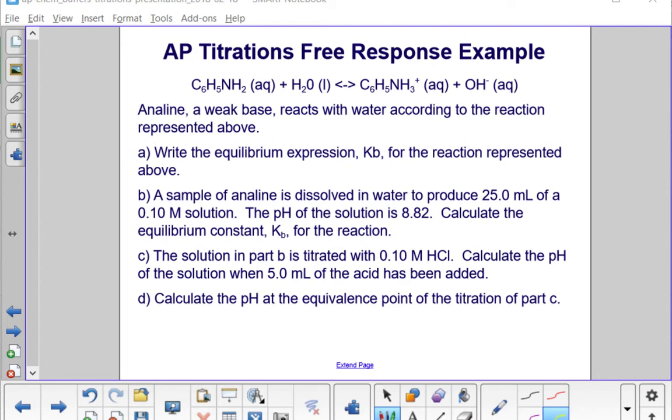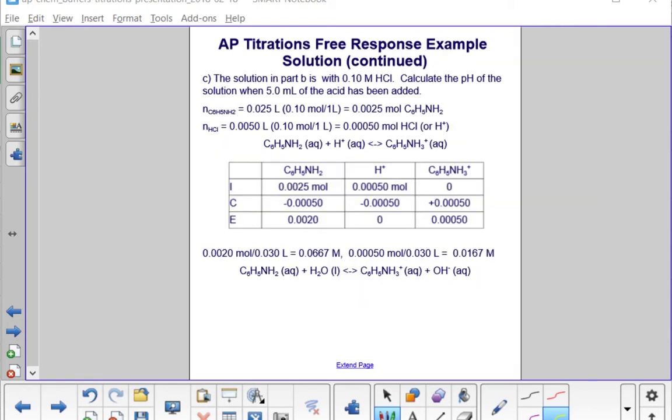Part C. The solution in Part B is titrated with 0.1 molar HCl. So you have a weak base being titrated with a strong acid. Calculate the pH of the solution when 5 milliliters of the acid has been added. The first thing I do is use my given concentrations and volumes to find the number of moles of aniline and HCl.